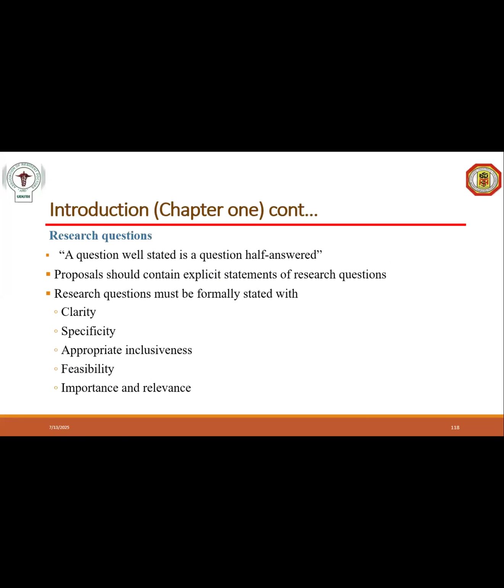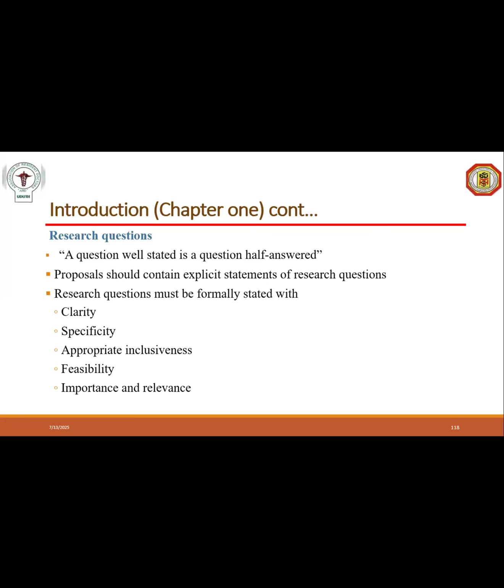Then research questions. A question well stated is a question half answered. Yes, this is a very good statement. If you have stated your research question very well, then you have answered it by half. But if the question is not stated well, then it is very difficult to answer.